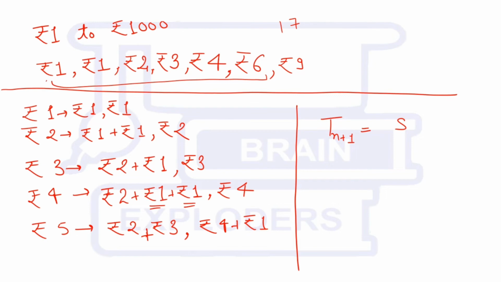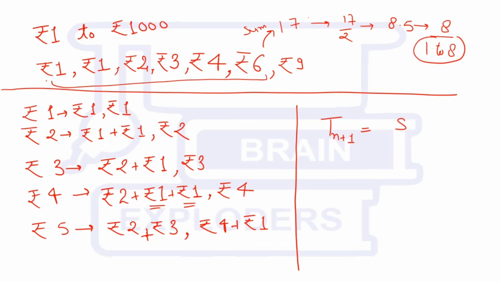So the sum is 17 up to here, and half of 17 is 8.5, and if we take its integer part 8, it is possible to pay all the values from 1 to 8 twice. That's why we have to include a rupee 9 note.